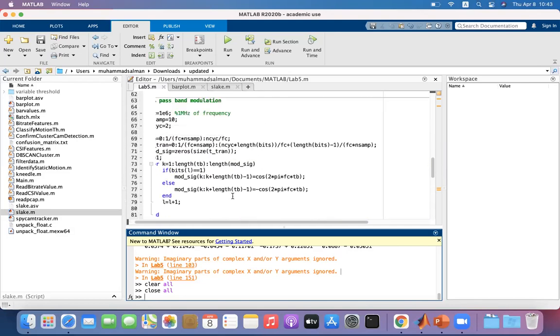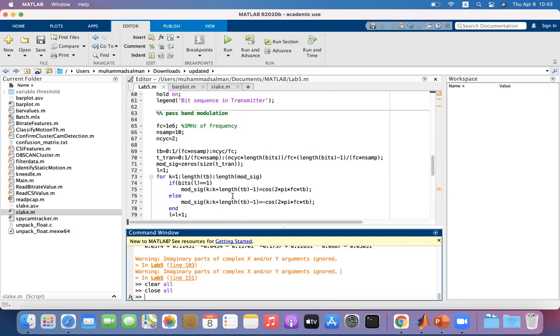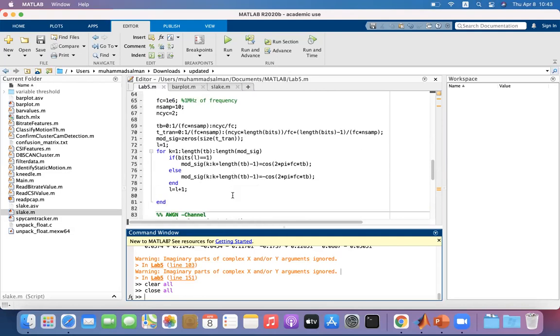And then we used the BPSK modulation scheme. In the BPSK modulation scheme, we used two waveforms. So we were using the plus cos of 2 pi fc t, for t within TB, where TB was the bit duration, for a 1 bit, and if it was a 0 bit, then we were using the minus cos of that signal, which was 2 pi fc t.